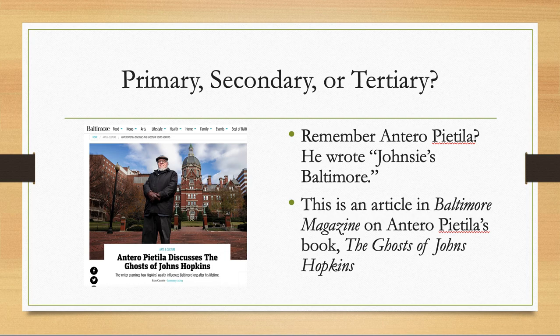So here's an example of a source similar to what you may have found while Googling your site. It's a review of Antero Piattilla's book, The Ghosts of Johns Hopkins. Remember him? He wrote Johnsy's Baltimore. So, is this article for Baltimore Magazine a primary source, a secondary source, or a tertiary source?